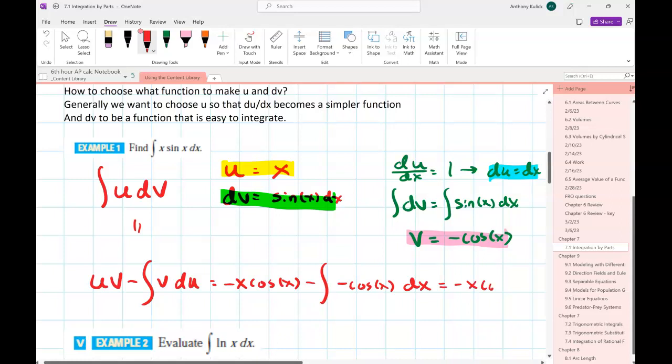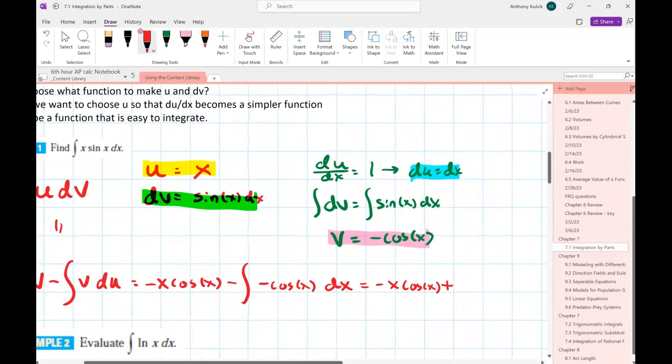So I have negative x cosine x plus, and what's the integral or antiderivative of cosine? Why? Oh, never mind. You add it. Wait, what did you add?